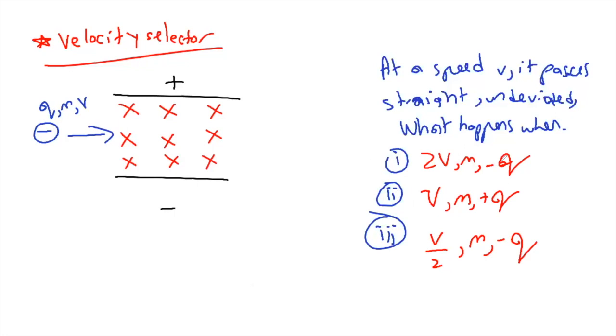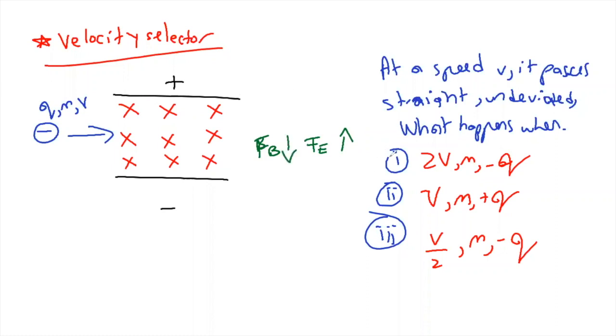Minus q is going to be attracted upwards, so Fe is going to be up. And Fb, because this is minus q, meaning it's an electron, and the direction of current is left, so use your fingers and you'll conclude that Fb is down.